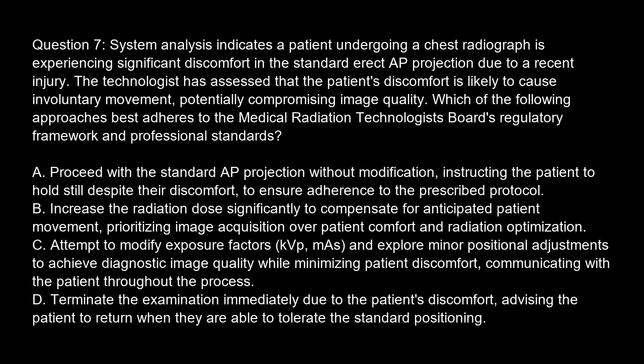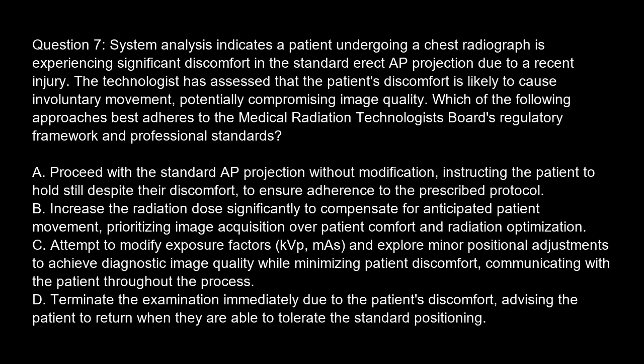Option A. Proceed with the standard AP projection without modification, instructing the patient to hold still despite their discomfort to ensure adherence to the prescribed protocol. Option B. Increase the radiation dose significantly to compensate for anticipated patient movement, prioritizing image acquisition over patient comfort and radiation optimization.